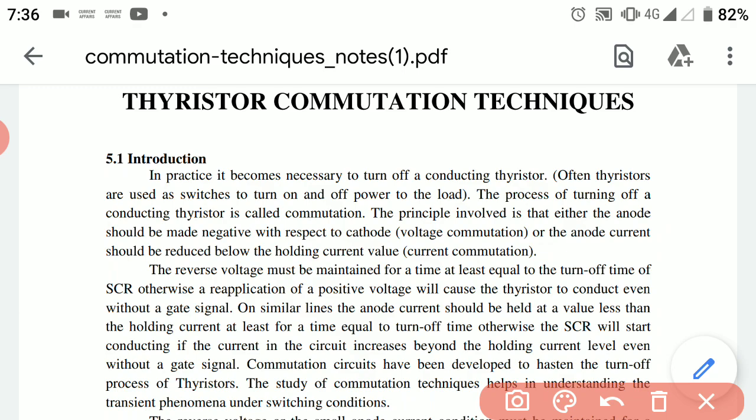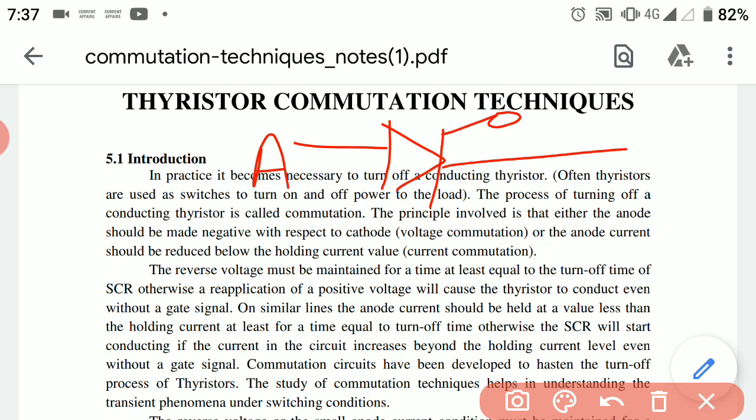Actually, what we do, as we all know, in a thyristor, this is anode, this is cathode, and this is gate. We always make anode positive and cathode negative. This is the forward biased thyristor. But to turn off this thyristor, we have to change the polarities.